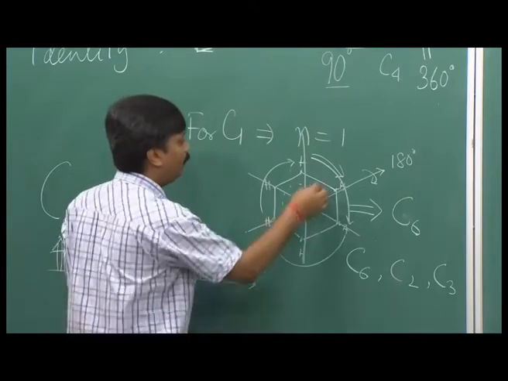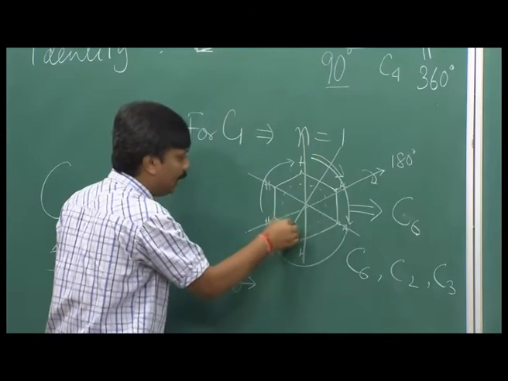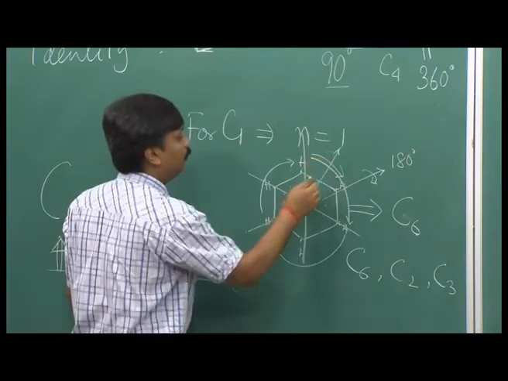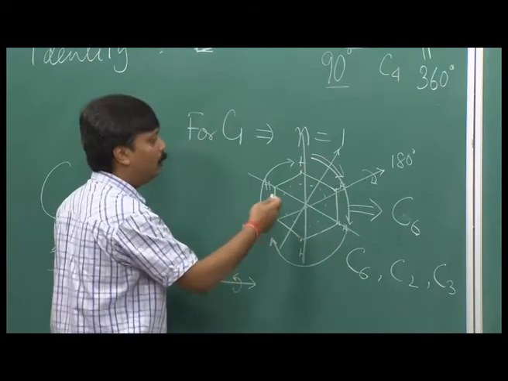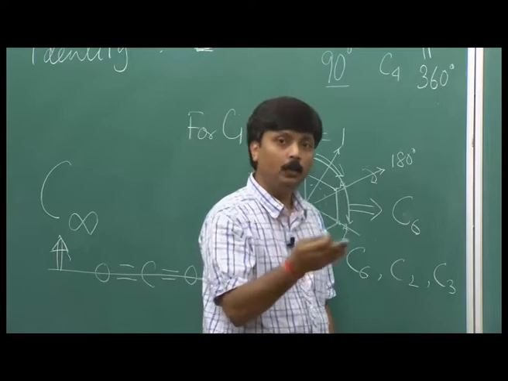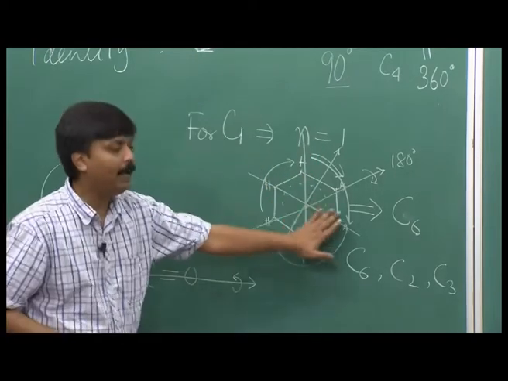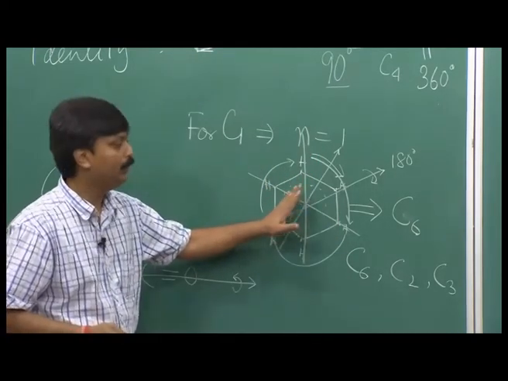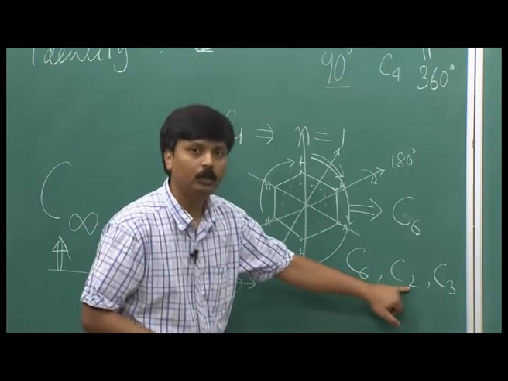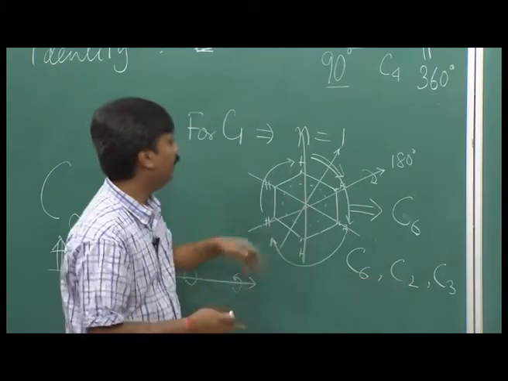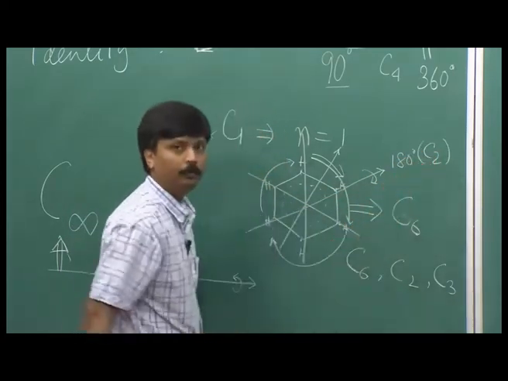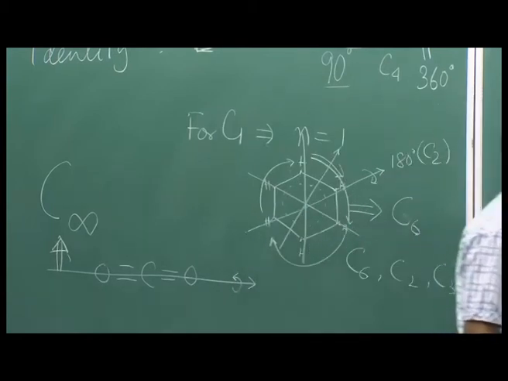And if I imagine an axis like this, this will also do the same job. So, I can have 6 different C2 axes which are lying on the plane of the molecule, not coinciding with this C6 or C3 or C2, and these C2 axes are different from the C2 that I just showed you.